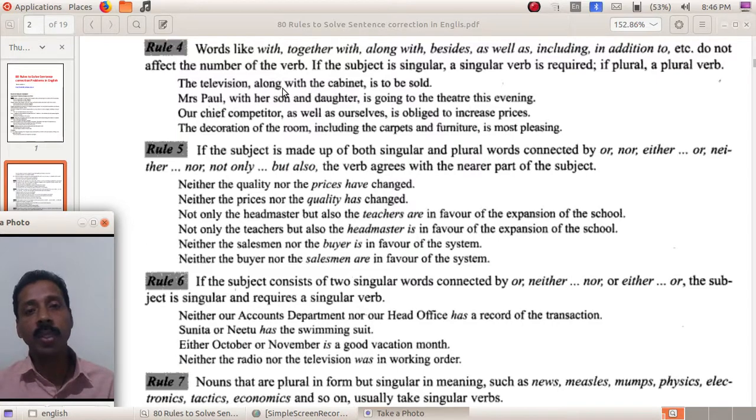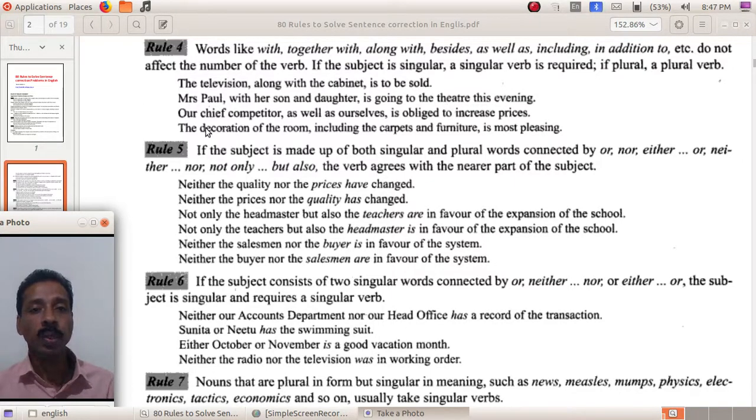And if the expression along with is there, don't be bothered by that. What you have to do is look at the subject used here, and if it is singular, the verb also will be singular. Then, Mrs. Paul with her son and daughter is going to the theater this evening. So here also there is the expression with her son and daughter. Don't be bothered by this. Look at the first subject there, Mrs. Paul, a singular subject. So, is going.